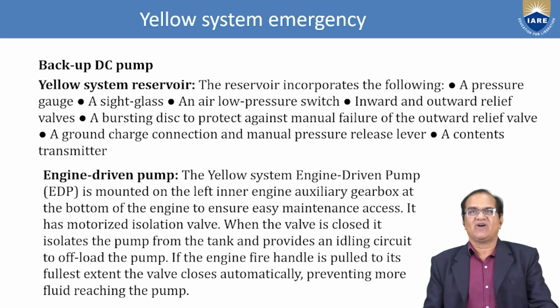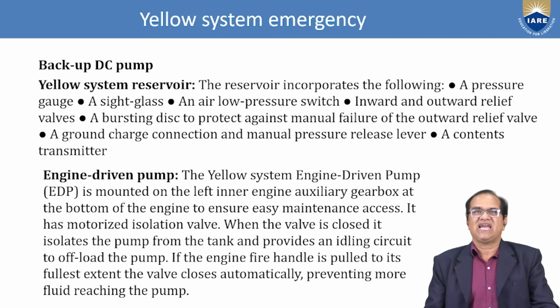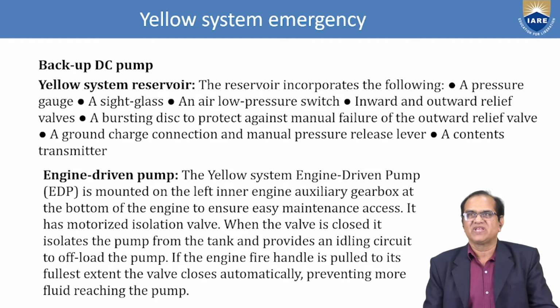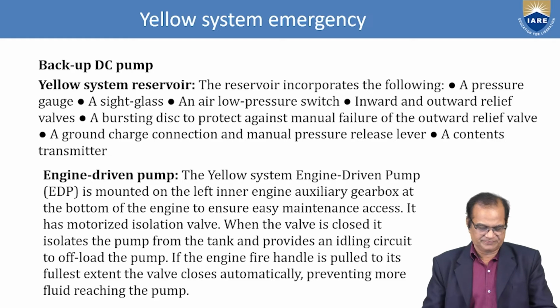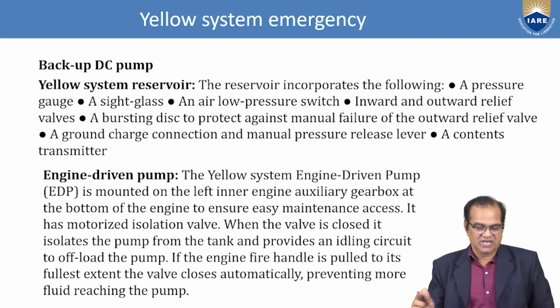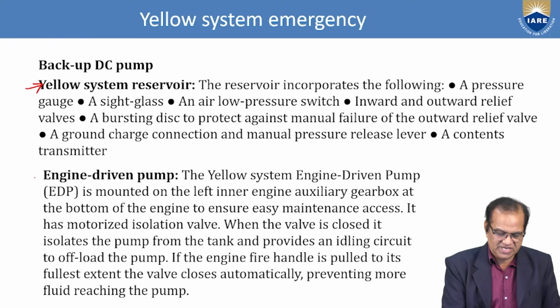The yellow system reservoir incorporates the following: a pressure gauge, a sight glass, an air low pressure switch, inward and outward relief valve, a bursting disc to protect against failure of the outboard relief valve, a ground charge connection and a manual pressure release lever, a contents transmitter.